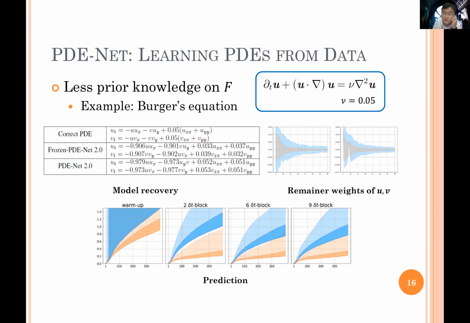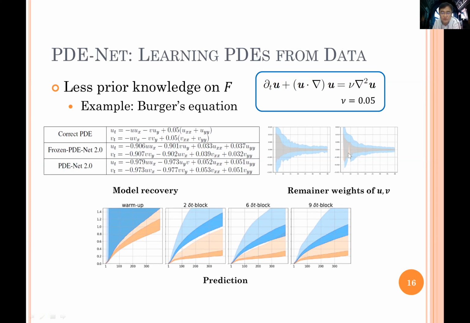Okay, so we did experiments, and we generated the data using Burgers' equation and adding noise, but we do not assume that we know it's Burgers. We used a 3-layer or 4-layer symbolic network, which can represent very complicated expressions, and this is the system that we identified, plus the remaining terms that are shown here.